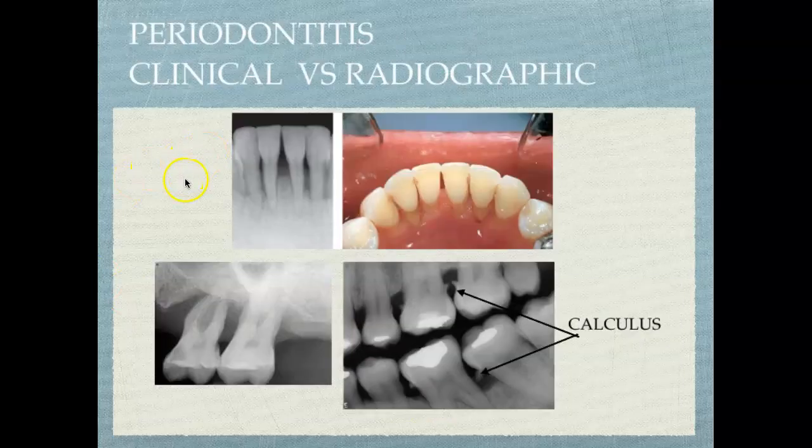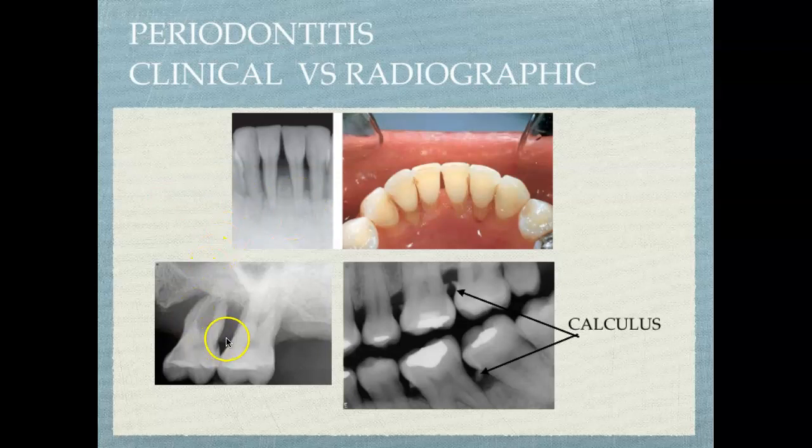Other images: here is a clinical image of periodontitis or periodontal disease with some gingival recession, and then you can see how that is interpreted on a radiographic image, a periapical, where you see lots of bone loss here. Not sure about this case what the mobility of the teeth is, how loose they are in the alveolar process.